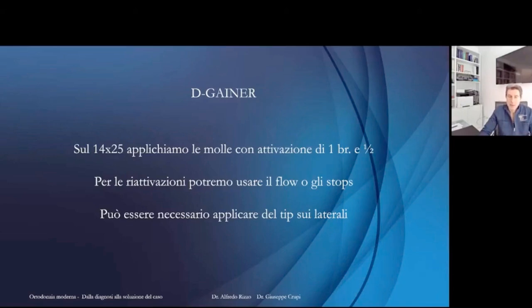In order to reactivate, we don't have to replace the coils and springs. We can just use the stops and reposition them. Or we can use the flow.